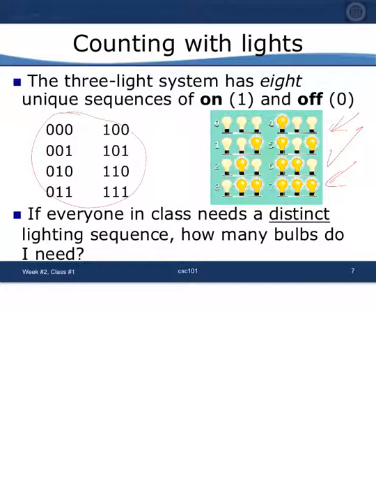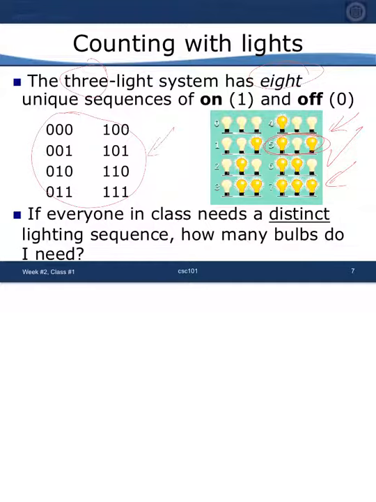And indeed, there's 8 different codes that I could send that hopefully, assuming we're secret spies or something, have some meaning to you when I send you that code of first light bulb on, middle light bulb off, last light bulb on, that you say, oh, okay, that means I'm supposed to do whatever, okay? But the point being, the connection here is that for 3 bulbs, you could make 8 unique codes or 8 unique sequences of ons and offs, or you could say zeros and ones.